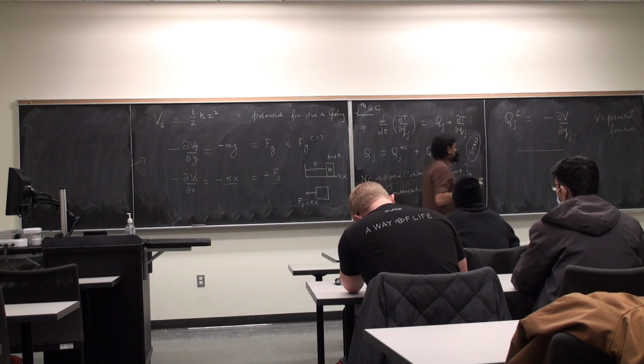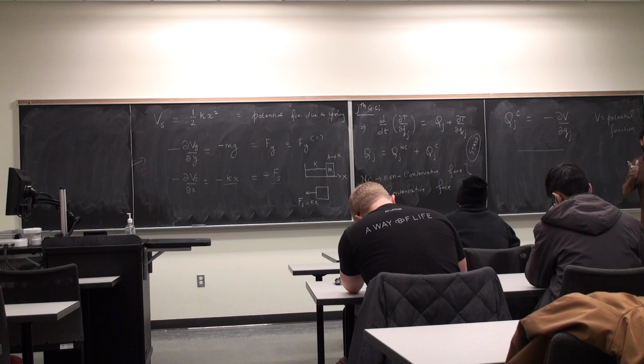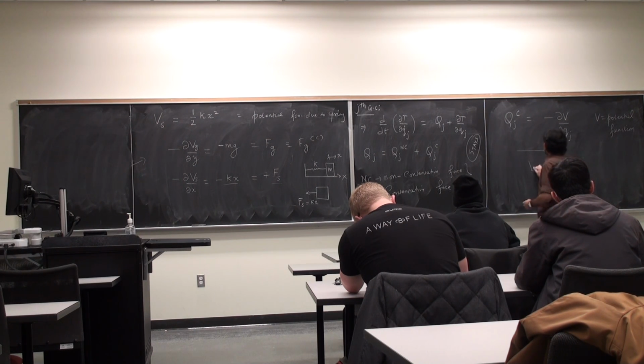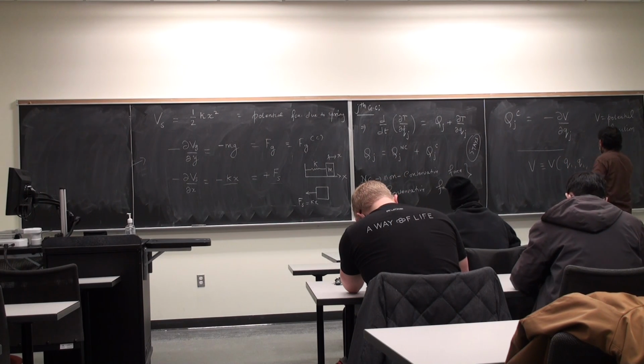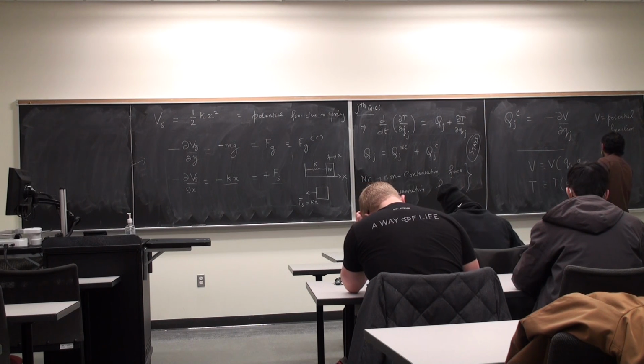Most importantly, notice that your potential energy function is a function only of the coordinates and not the velocities. Okay, so this V is a function of only the generalized coordinates, not the velocities. And T is a function of all the velocities and not the positions.